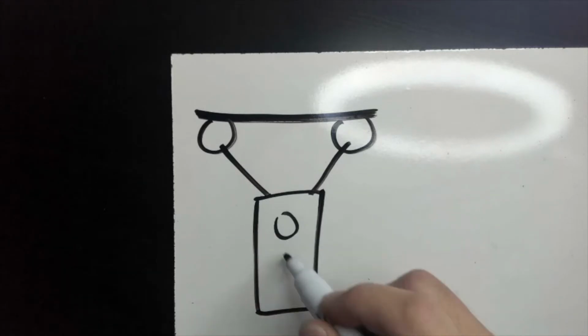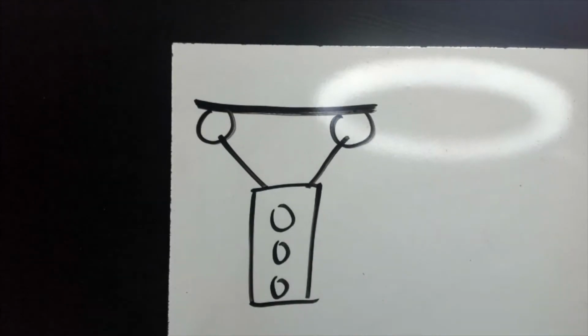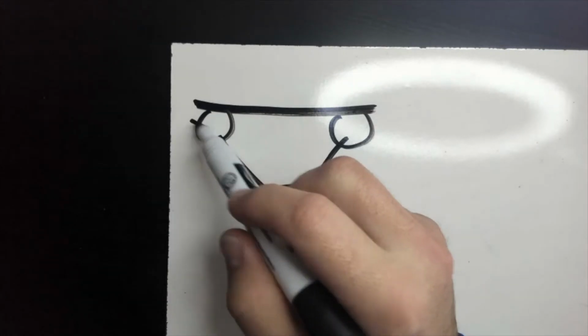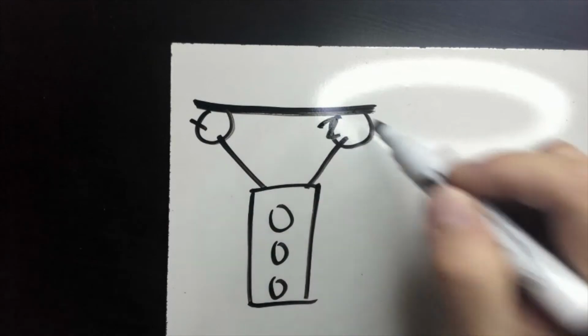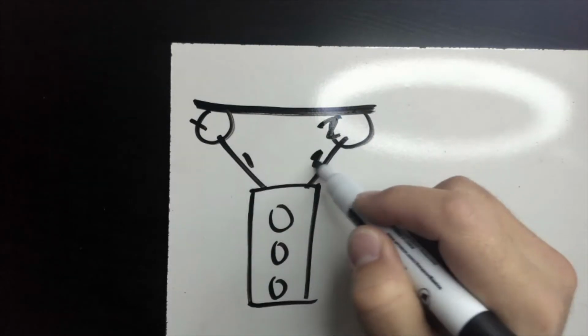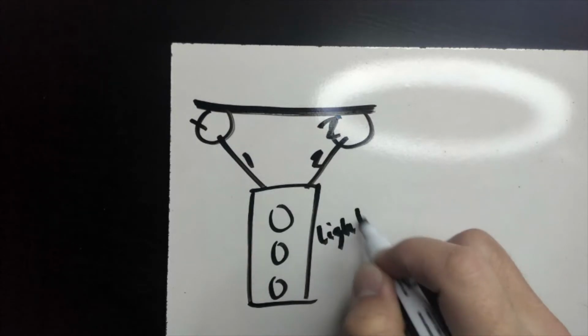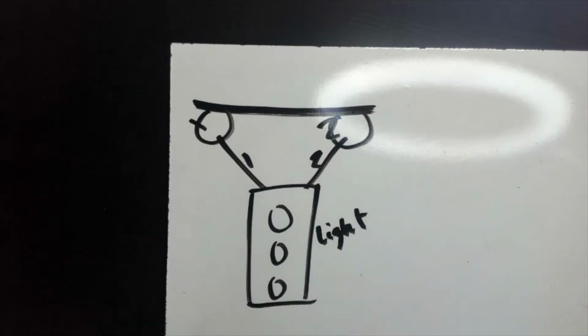So there's your stoplight. All right, I am not the best artist in the world, but I know that we have to diagnose the ring 1, the ring 2, the cable 1, the cable 2, and we have to do the light itself. Okay, so we have to come up with the force diagram for all of these things here.